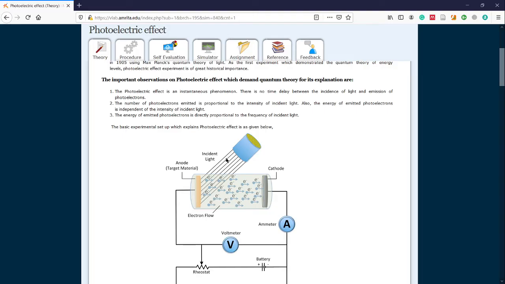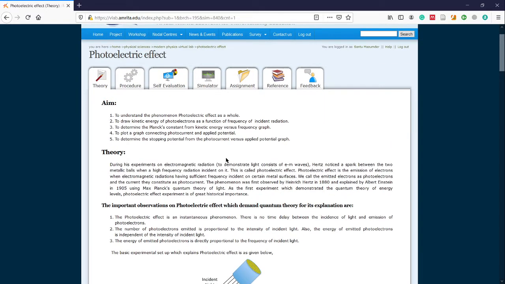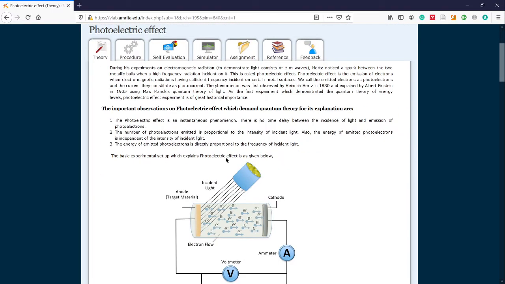Now, as we know, the photoelectric effect is an instantaneous process. Whether the process will happen or not depends only on the cutoff frequency. If the incident frequency is higher than the cutoff frequency, then only the photoelectric effect will happen. The occurrence of the photoelectric effect doesn't depend on the intensity of light.